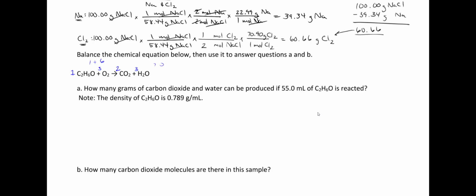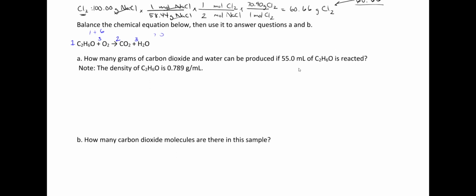So let's go ahead here and carry out a calculation with this. So here's another calculation which has 2 chemicals in it, so it's 2 parts. I want to know how much carbon dioxide and how much water I can produce if I'm using 55 milliliters of ethanol. So remember, we want to get to moles.